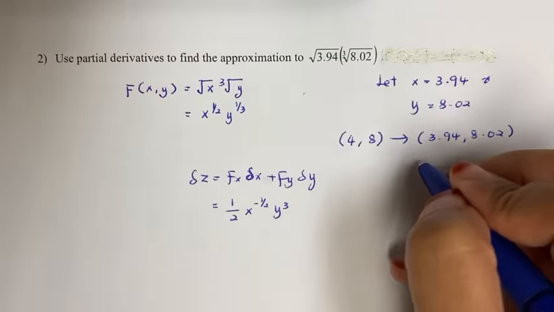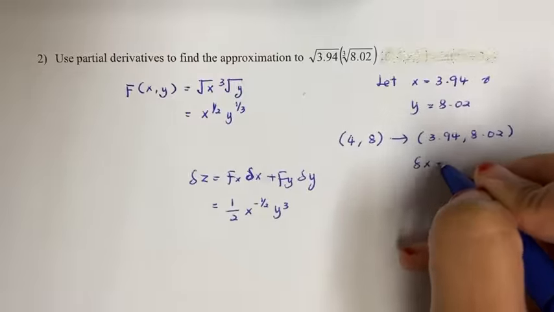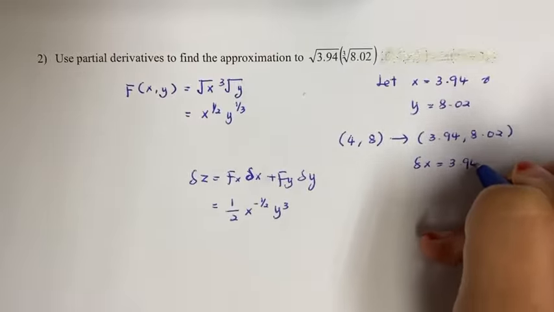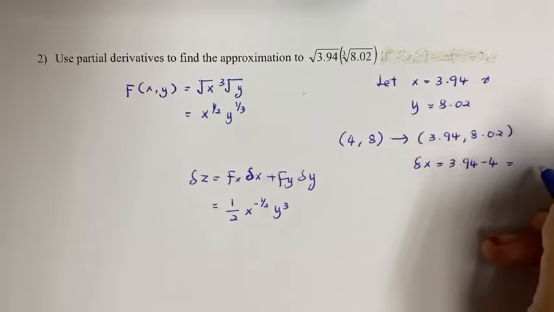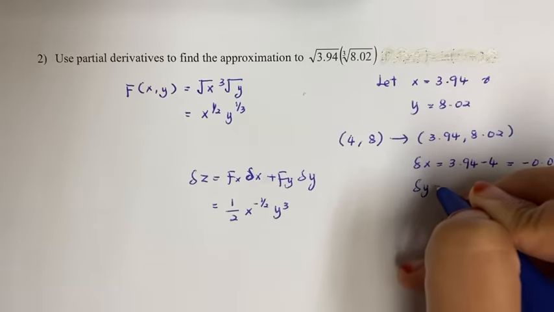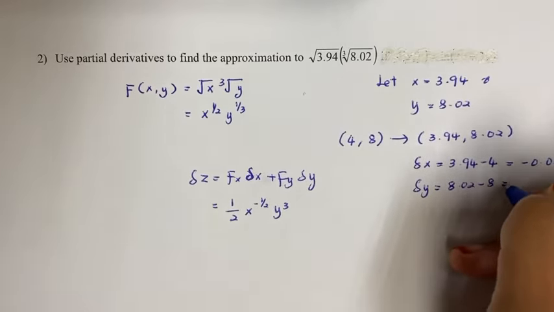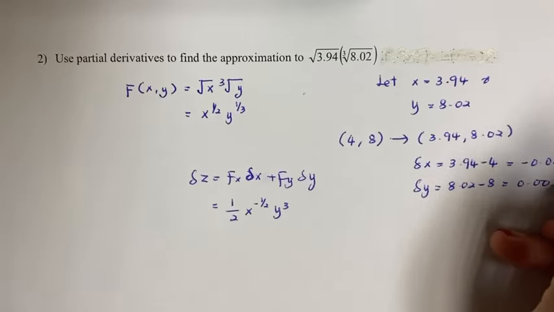What is delta x? Delta x is equal to 3.94 minus 4, so this is minus 0.06, while delta y is equal to 8.02 minus 8, equal to 0.02.